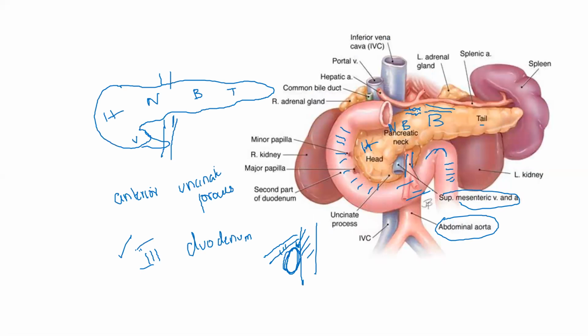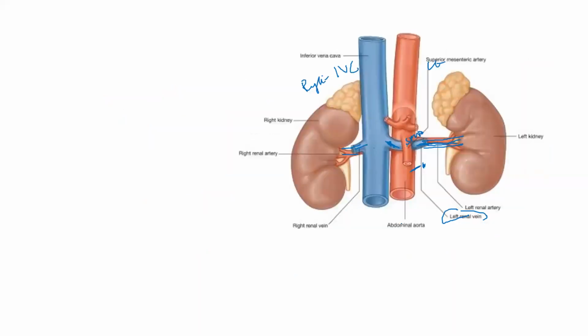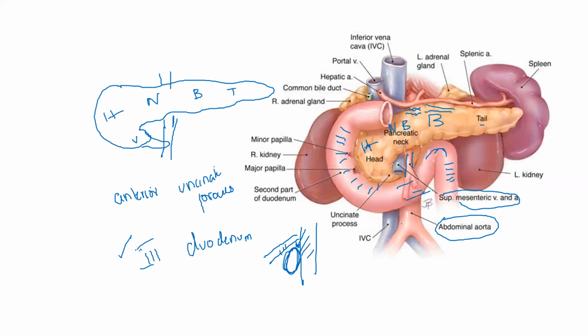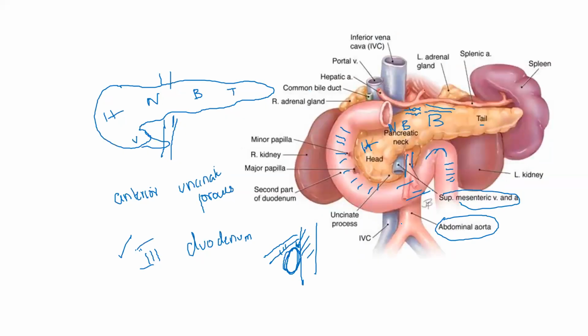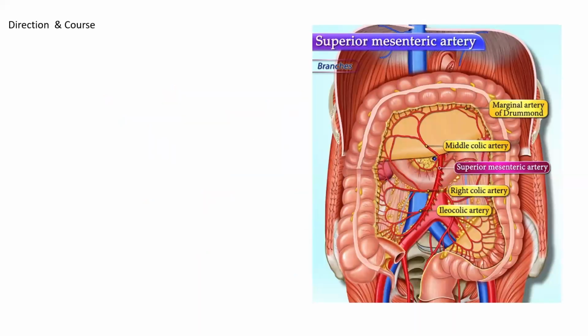But you can see the rest of the course of the superior mesenteric artery below here, running over the anterior surface of the uncinate process, anterior surface of the third part of the duodenum. So here the left renal vein and here the third part of the duodenum, between the superior mesenteric artery and the abdominal aorta.